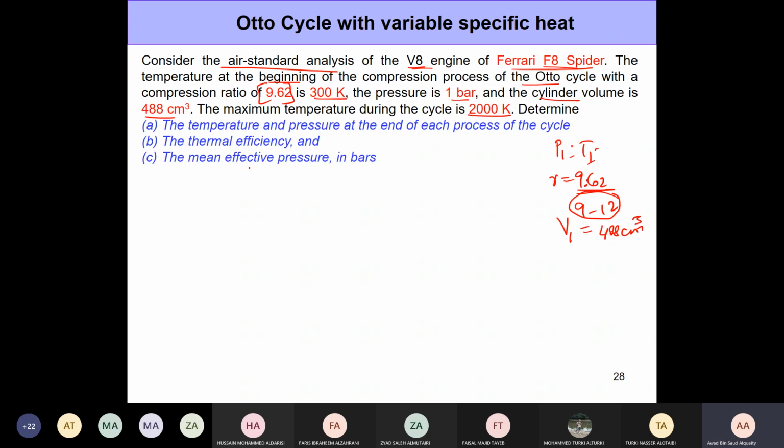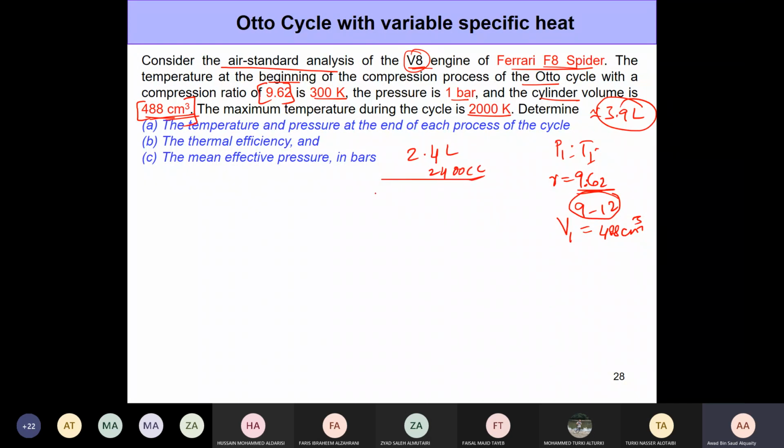Now, just to complete this part about the Ferrari F8, this volume that I'm talking about is the volume for one cylinder, right? So this car certainly has 8 cylinders as given by this V8 configuration. So it has basically 8 times 488 cubic centimeters, or about a 3.9 liter engine, and this is the capacity that's quoted on the cars. For example, if you're looking at a Camry, you will see maybe 2.4 liter or 2400 cc.